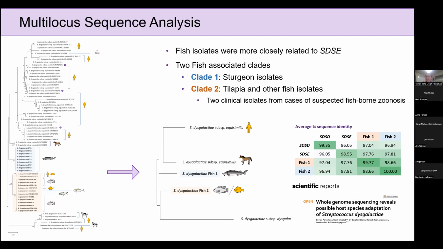But our fish subspecies aren't closely related to either, right? So the subspecies delineation for a full genome characterization is around 98% identity. So we're falling under that. So it's a good hint that maybe these are neither conventional SDSC nor C.